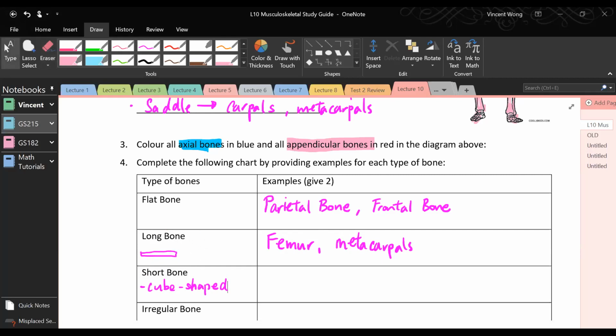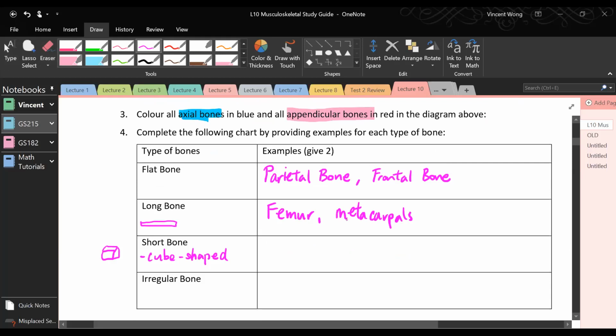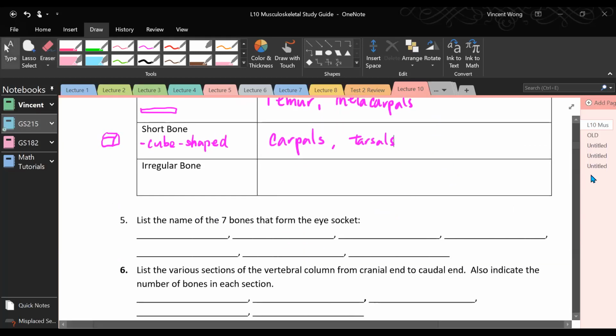So for cube shape bones, we're talking about things that are more or less cube shape, kind of like smaller things like that. Examples of short bone would be carpals. You have 8 of them, and they are found at the wrist, right? As well as your tarsals. Okay, 7 of them in the foot.